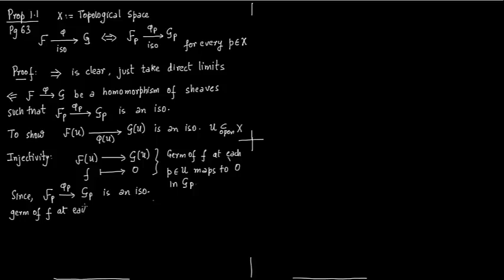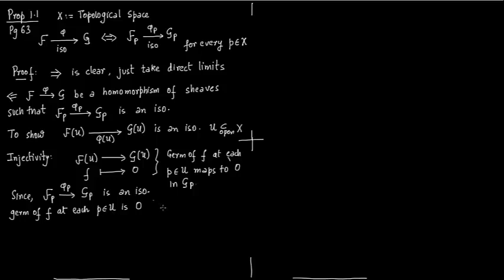So the germ of f is 0 at each p in U. This we have written before, I am writing it again for clarity. So you have carried f from G_p to F_p and you are 0 again there at the level of stalk.